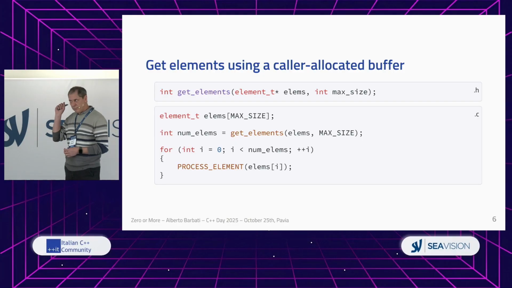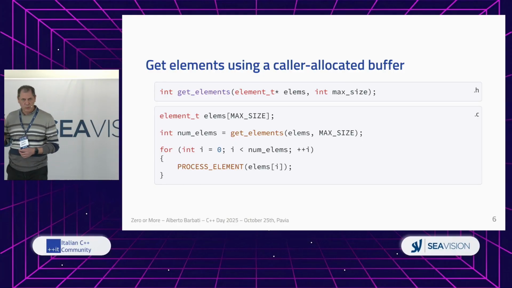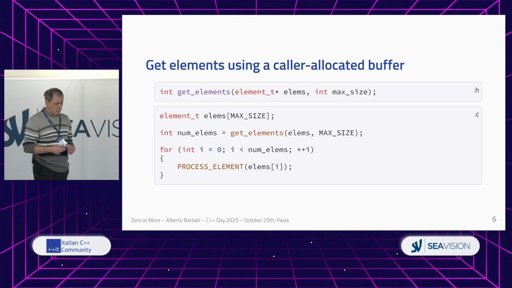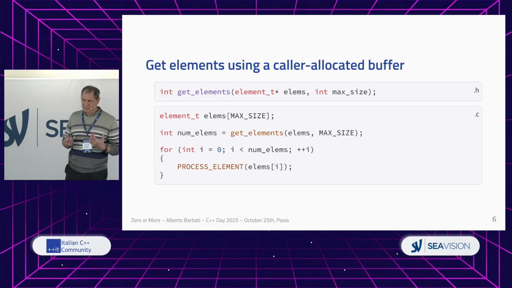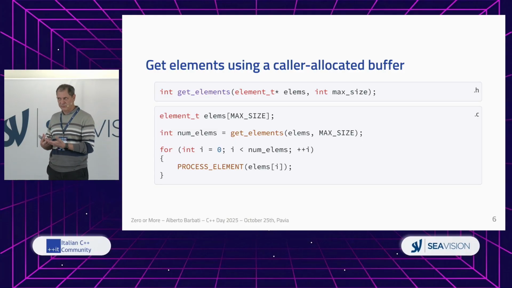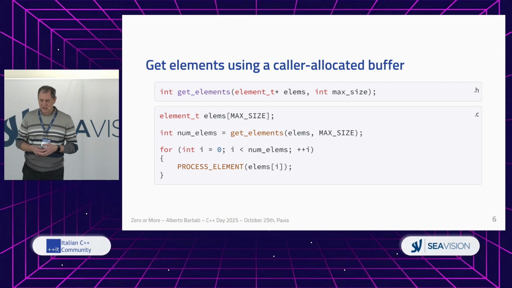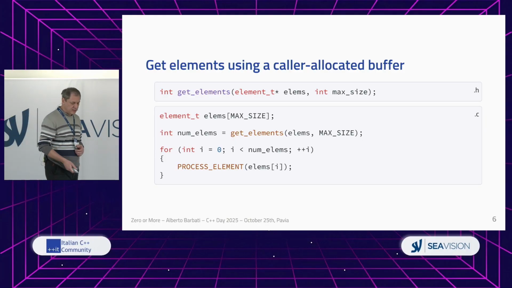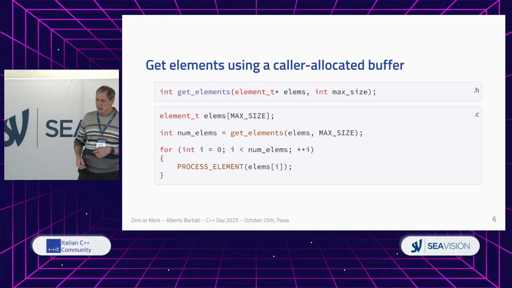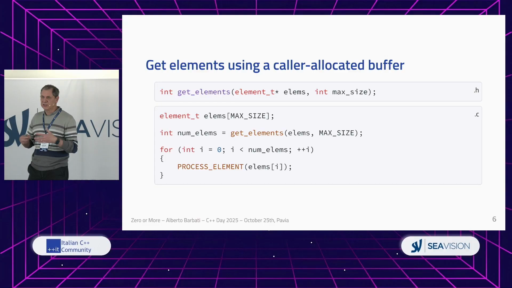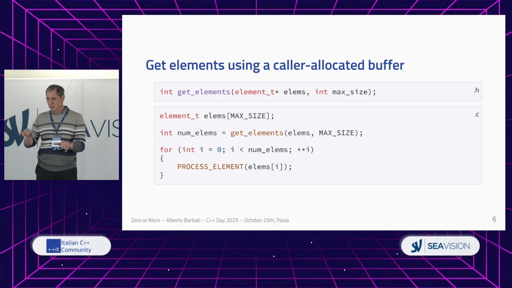There is one little problem here, however. What happens if you pass the wrong size to the function? Imagine that you have a buffer of 1,000 elements, and then you pass the second argument as max size, you pass a different number. Of course, if the number is too low, you won't fill the buffer.